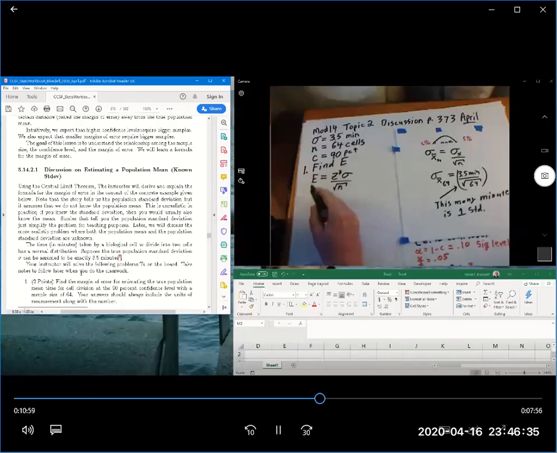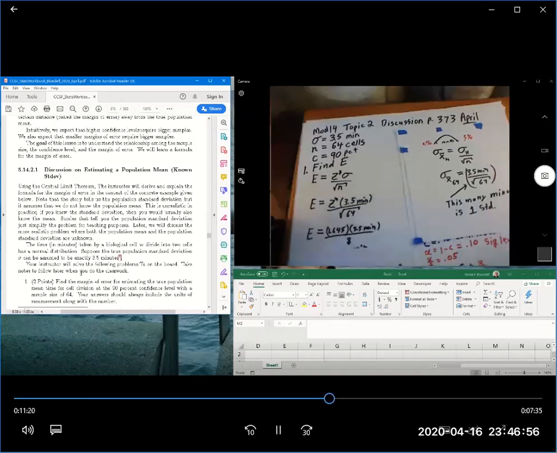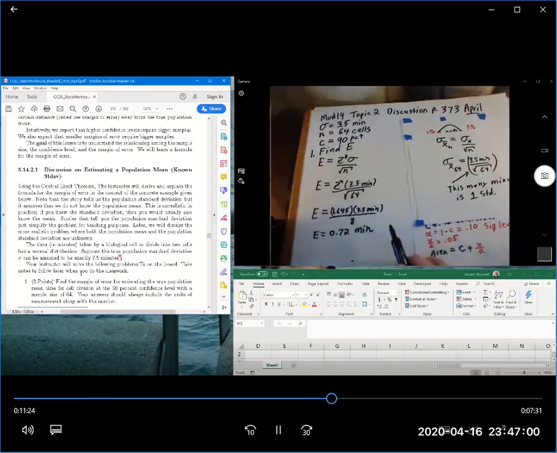Okay, so this is the formula to memorize for how you find the margin of error. That's it. So we have our z star times 3.5 minutes over square root 64. So that's 1.645 times 3.5 and then divided by 8. And so what we come to is the margin of error is 0.72 minutes.